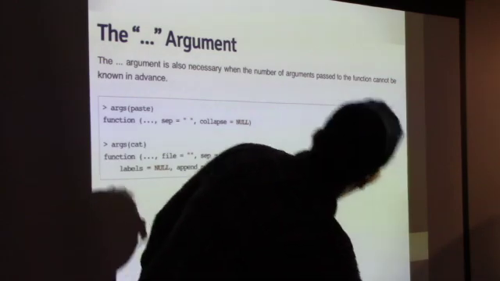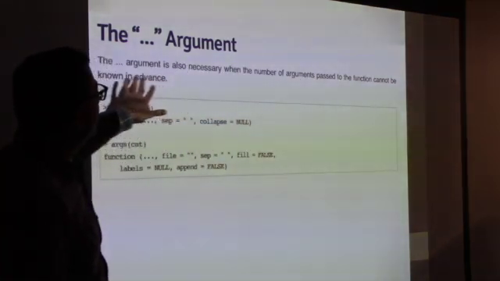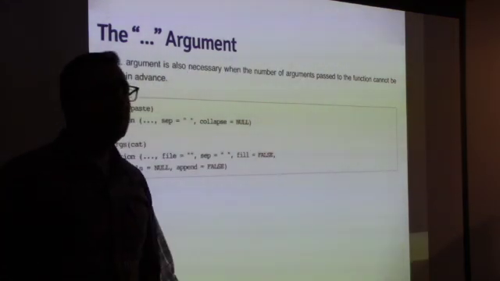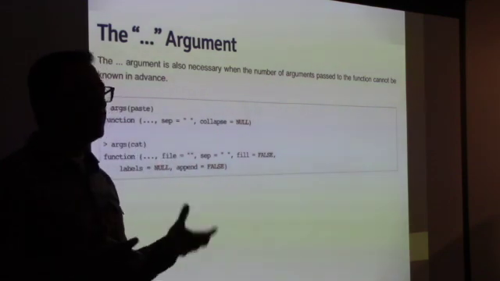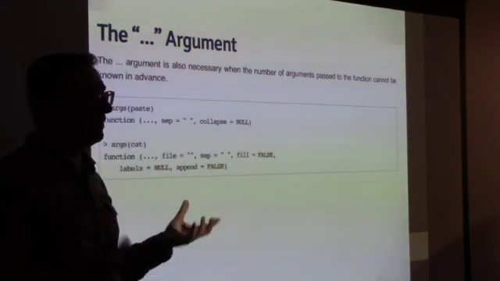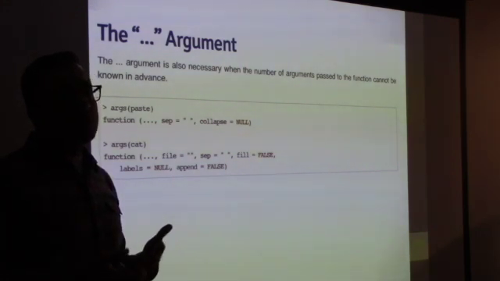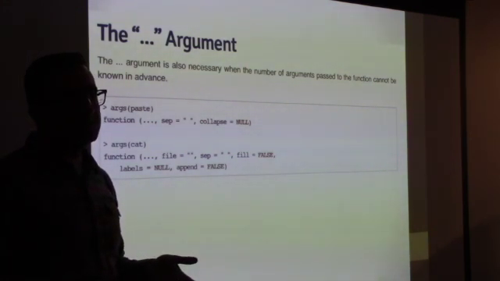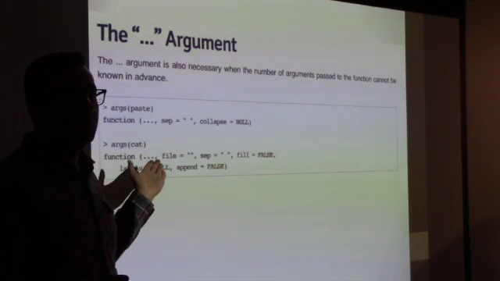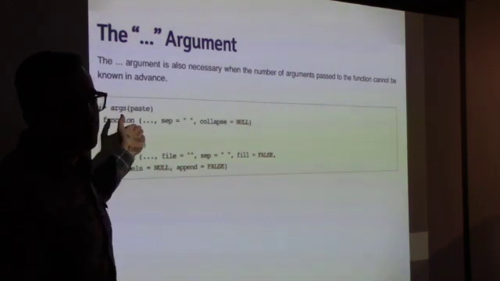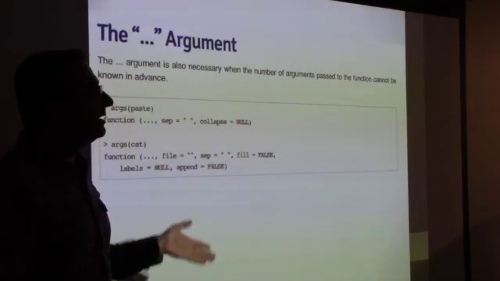This is because the number of arguments passed to the function cannot be known in advance. What paste does is it takes the characters that you pass it, or whatever integers, and puts them together. But you don't know how many characters you're going to paste until you actually use the paste function. Somebody has to define that function before, and it needs to be defined.